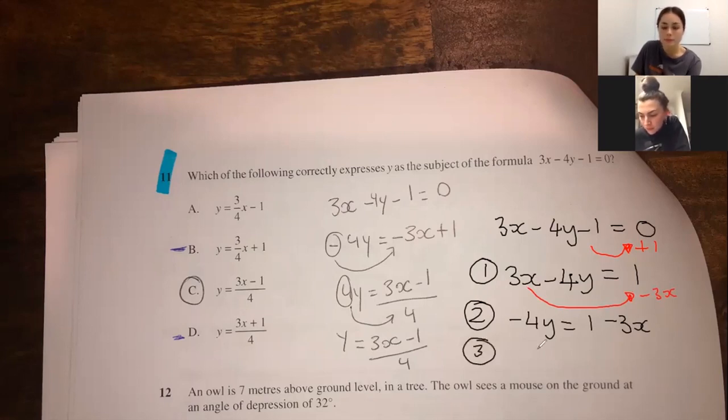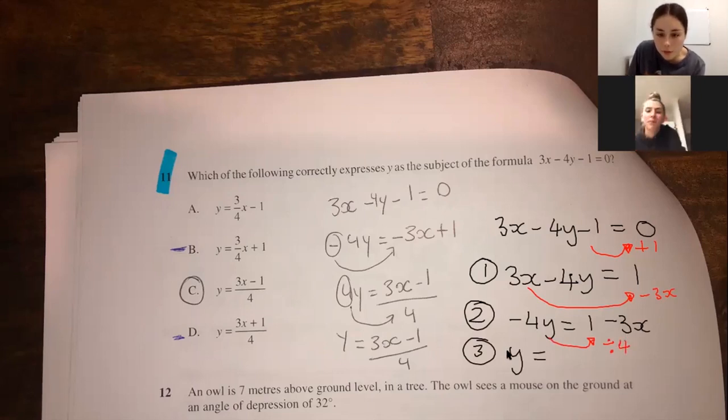And then you want to get the y by itself. And so if you want to get the y by itself, you have to get rid of the 4. Divide by 4.